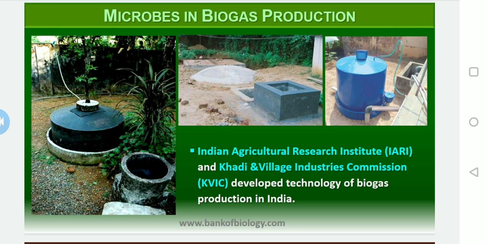BOD means biochemical oxygen demand, the amount of oxygen required to oxidize the total organic matter by the bacteria present in 1 liter of water. The greater the BOD of the wastewater, the more its polluting potential. Later it is sent to the activated sludge, and thereafter to the anaerobic sludge digester.